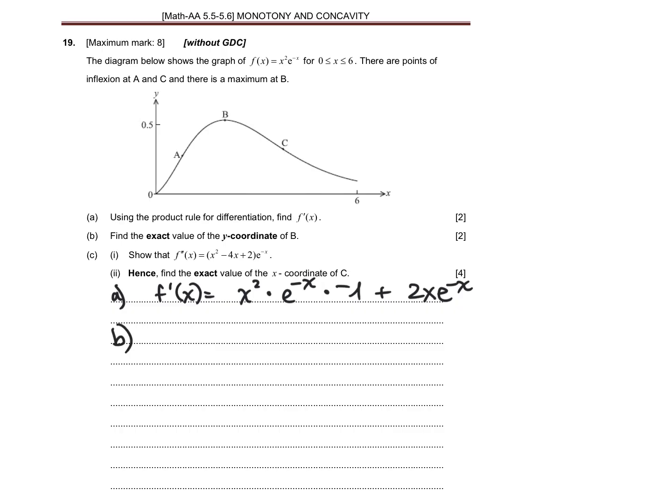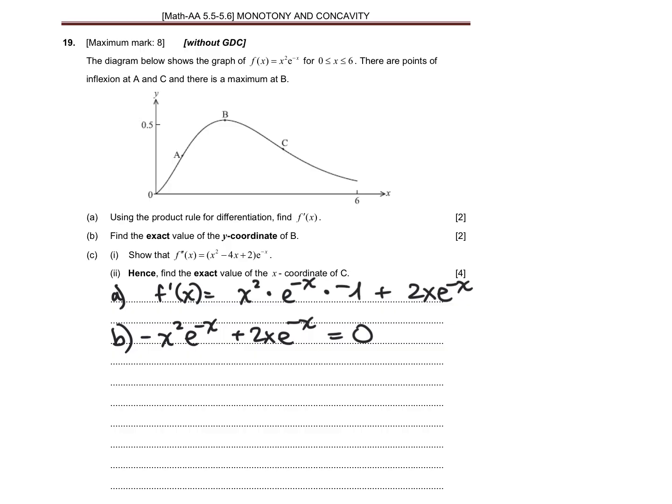B, find the exact value of the y coordinate of B. Okay, so we are going to have negative x squared e to the negative x. This is the first derivative, plus 2x e to the negative x. We want to set that equal to 0 because that's going to give us the x coordinate of the maximum or stationary point.